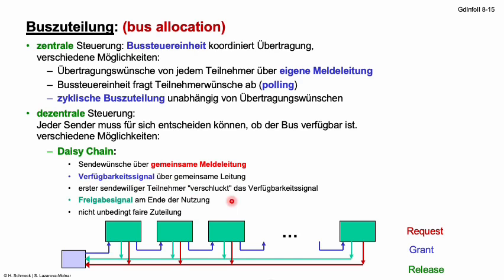So when the bus is available, it sends a signal, and the first subscriber that needs it just grabs it and then just releases it at the end of the use, so that others can also grab this signal. Of course, this is not necessarily fair, but it's just one way of doing it.